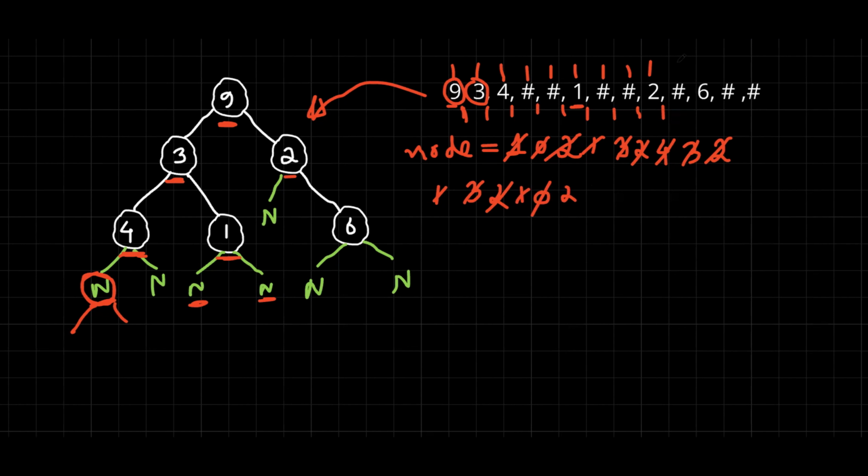Now we are at this node, which is hash. Let's ignore it. Now we are at this point, which is comma. So let's decrease 2 by 1. Now we are at this point 6. So just ignore. Now we are at this point comma.